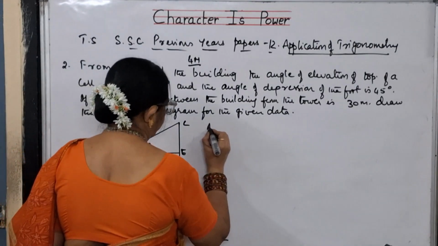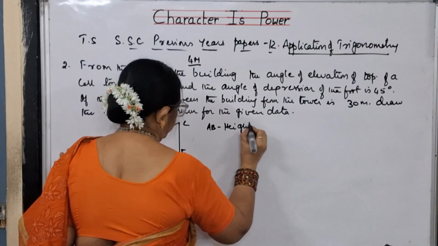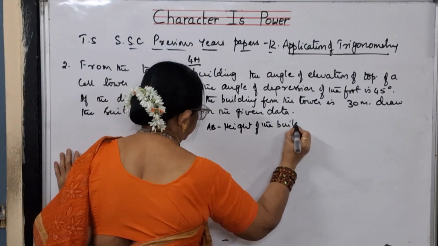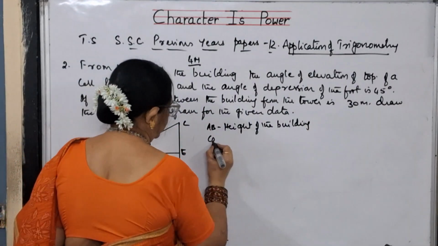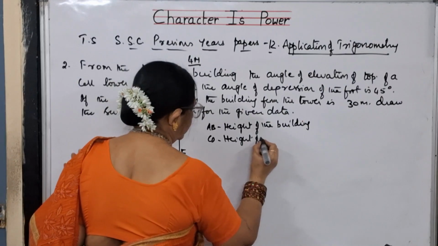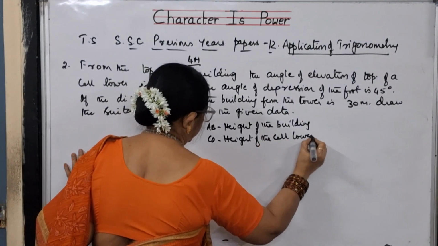So what is AB? AB is the height of the building and CD is the height of the cell tower.